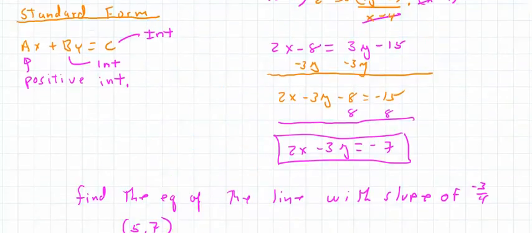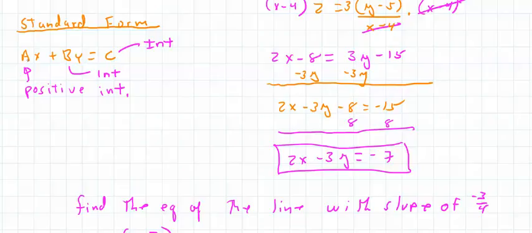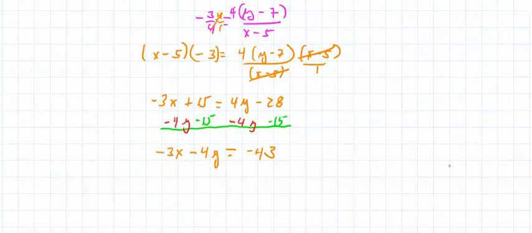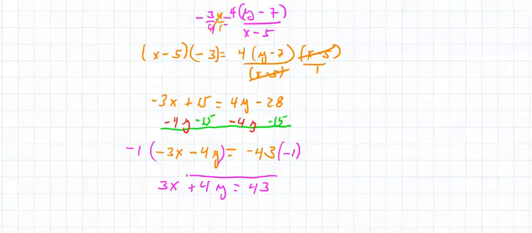Notice that the A must be positive. Now, you have two choices. You can just change all the signs. Negatives become positive, positives become negative, or we can multiply by negative 1. We have to use parentheses, and we get 3x plus 4y equals 43, and that's our final answer.